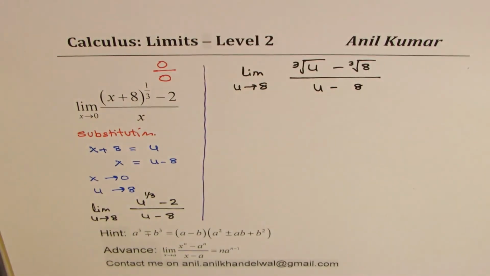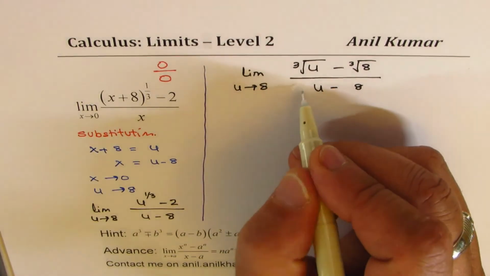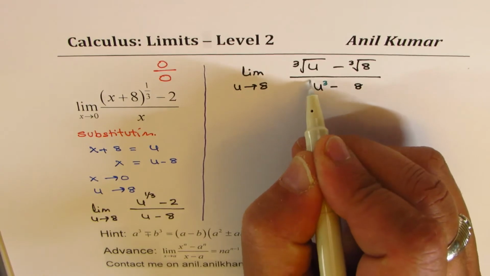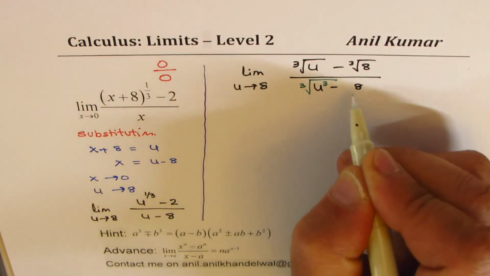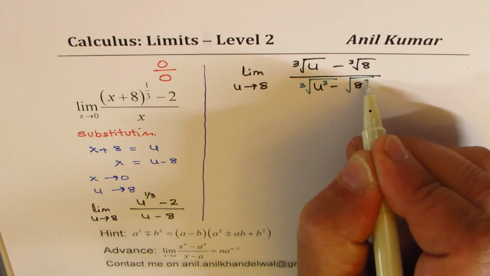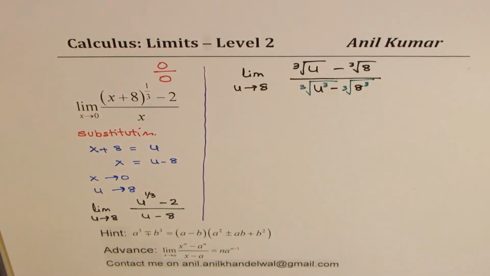Do you see that? Now, if I want to use a cube minus b cube, I could actually directly use it. But for simplicity, let me say we cube this and then we cube root it. Similarly, we cube this and we cube root it. So it's the same thing, u minus 8, right?